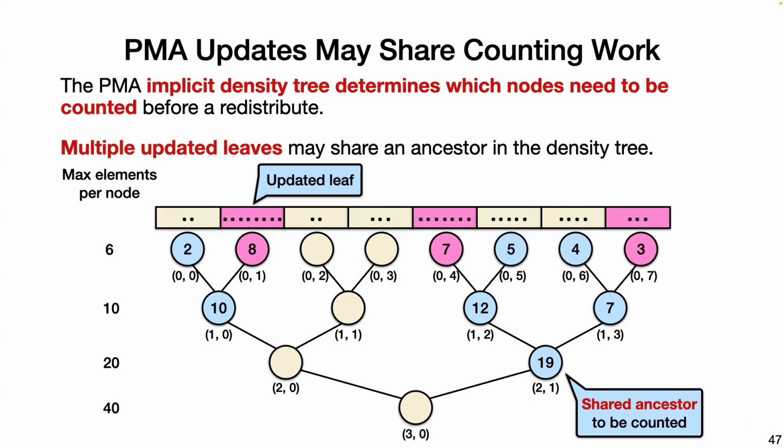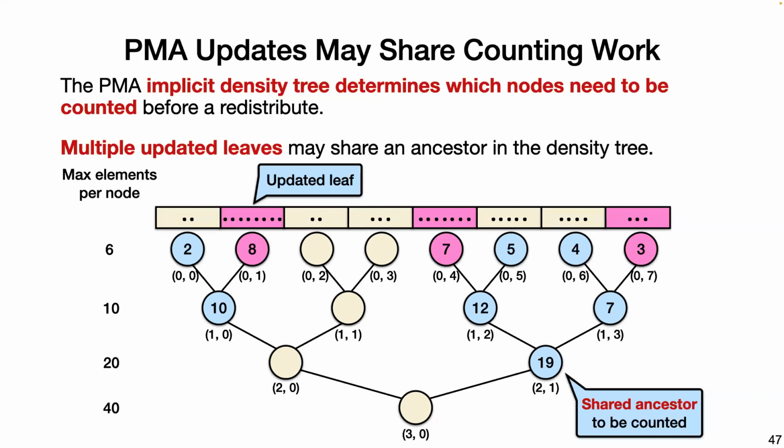So here there are 2 elements, here there are 8 elements, and these are the density bounds, the maximum number of elements per node. The way you determine how to do the rebalancing is, here 2 is not exceeding 6, but 8 is exceeding 6. So you have to go up 1 level in the tree, and then you see whether this entire thing can accommodate the next level density band. If so, you can do the redistribution such that it respects every lower density bound.